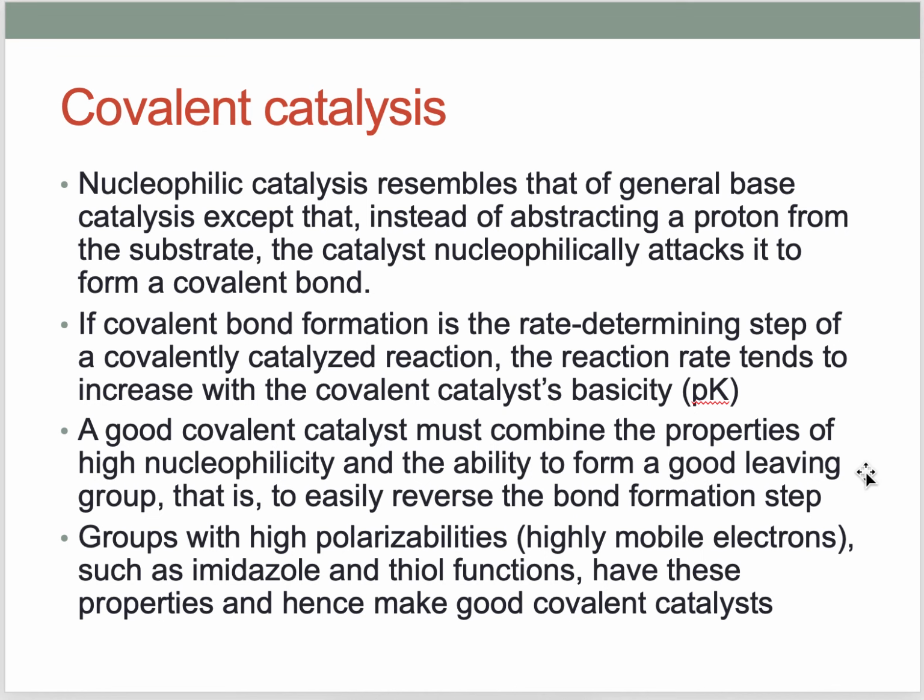Okay, one example of such catalysts is groups with high polarizabilities. That means groups with highly mobile electrons such as imidazole and thiol functions have these properties and hence make good covalent catalysts. I mean, the catalysts that have the groups imidazole and thiol are good covalent catalysts.